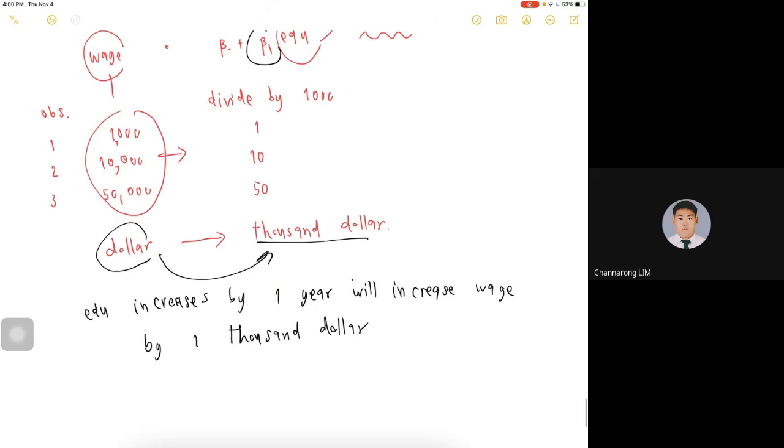Your beta 1 is equal to 1, but the way you interpret it is an increase by $1,000.